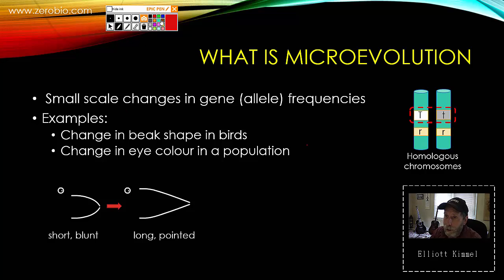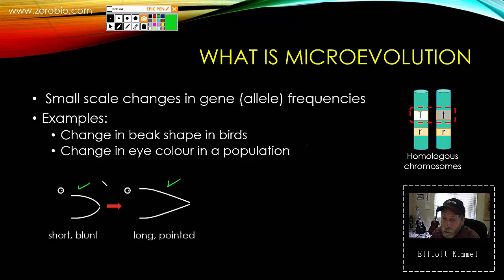This short, blunt beak might be really great for chewing small seeds or feeding on small flowers. But let's say over time the environment changed and the seeds changed or the plants changed so that a long pointed beak was more adaptive for those animals, then these ones would tend to survive and reproduce better.